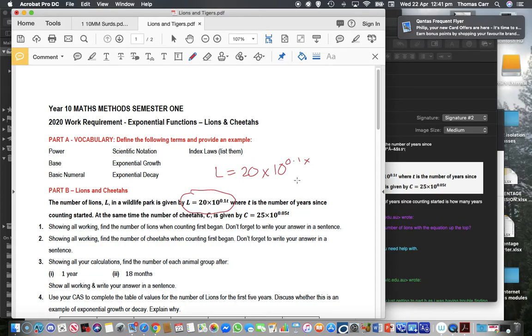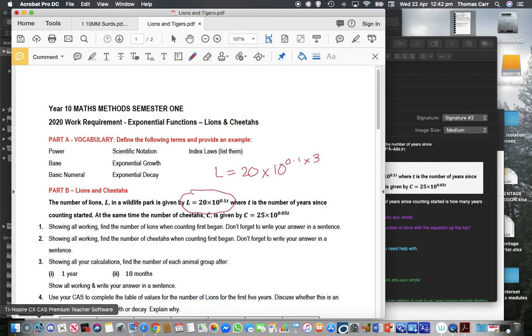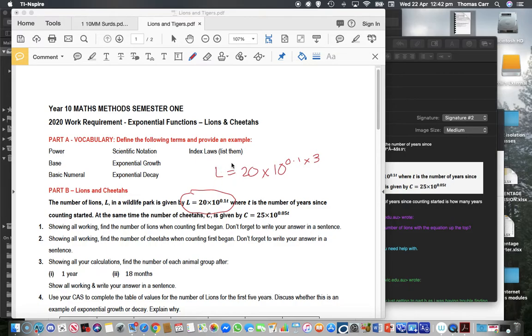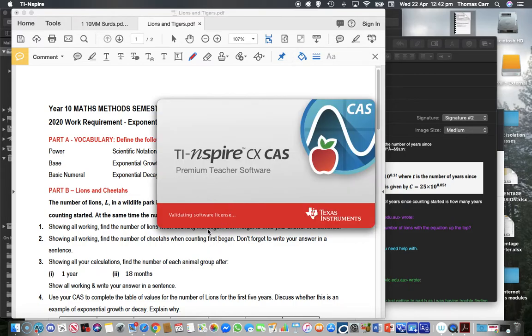If I want to know how many lions there are after 3 years, then instead of writing t, I write a 3. Once I've got this, all I need to do is open up my CAS calculator and type that in. When I press enter, it's going to give me a number, and that number will be the number of lions.